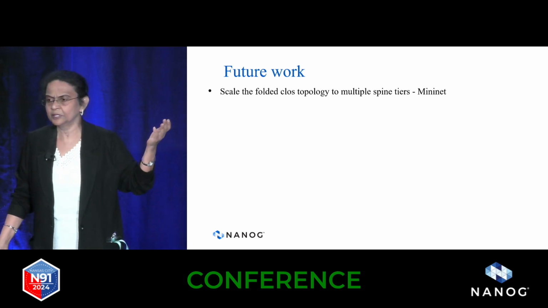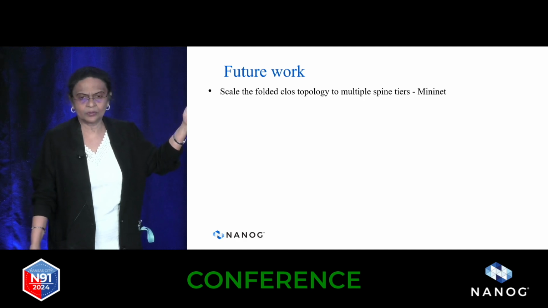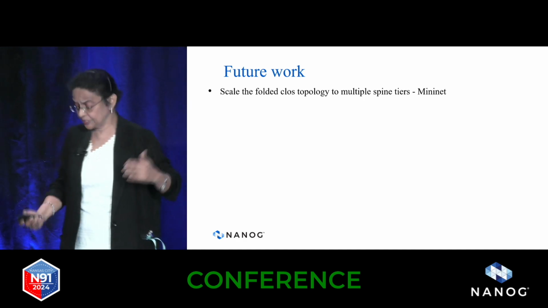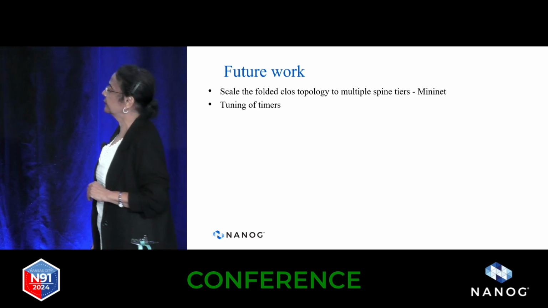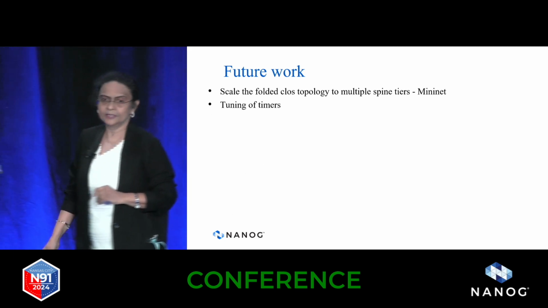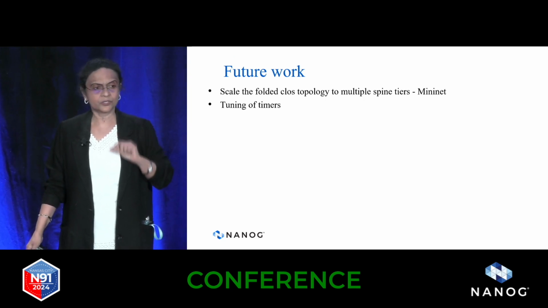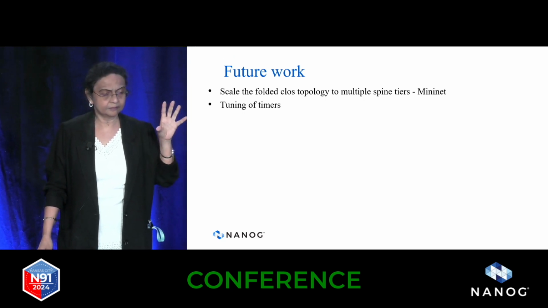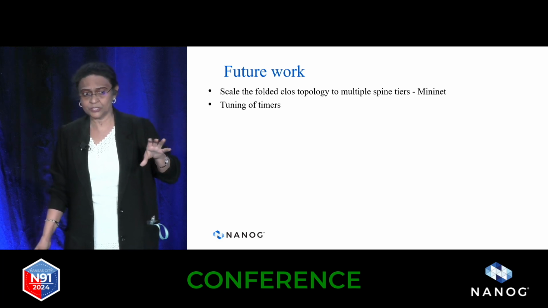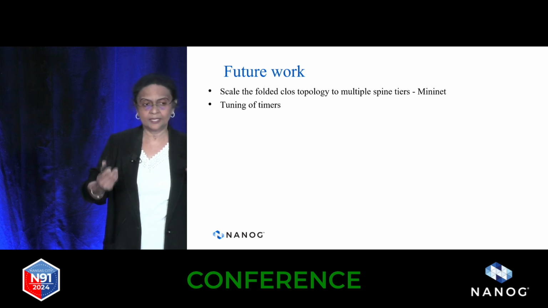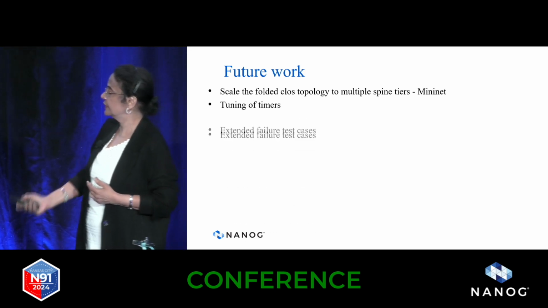If you want to go beyond that, the protocol will work easily. It'll scale easily. There's no scalability problem here. The timers, what you're seeing currently, can be better tuned. We were constrained by the VM processing capacity limitations. So we would like to see how much we can reduce these timers.